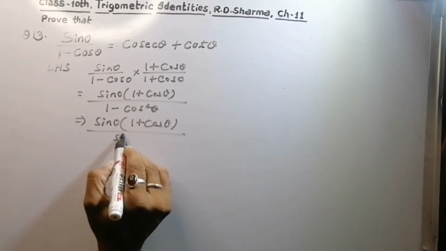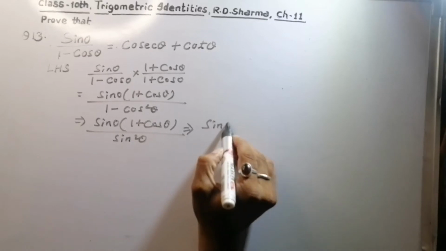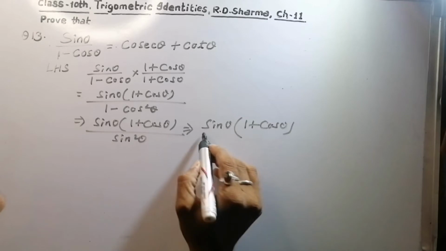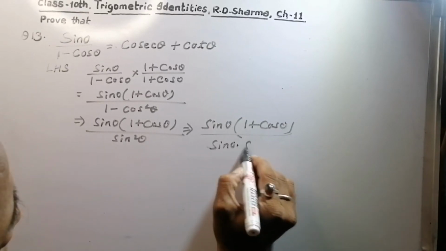upon sin square theta. Sin theta divided by sin theta, so we get here 1 plus cos theta upon sin theta, sin theta into sin theta we can write.